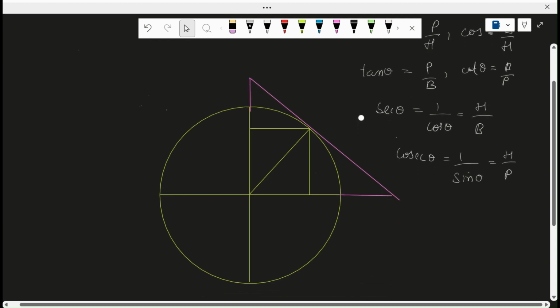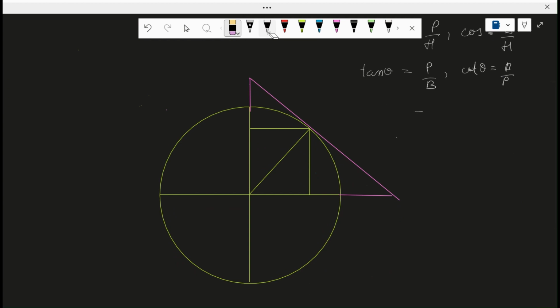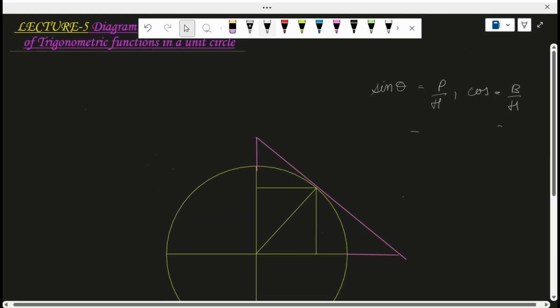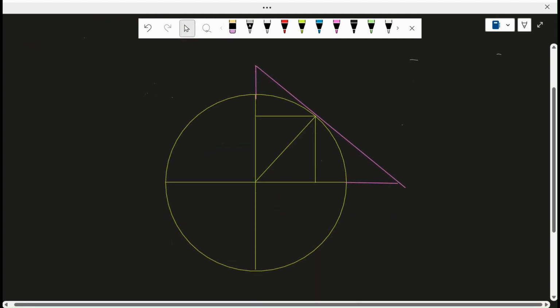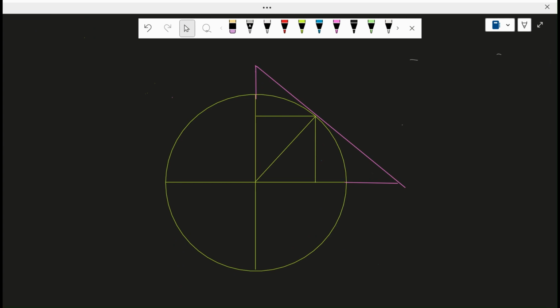Let us now try to derive them through the circle. So why are we taking a unit circle? Because we see that in this circle the length of the hypotenuse, or the radius, will be a unit.